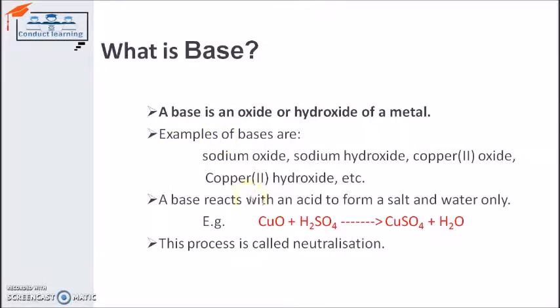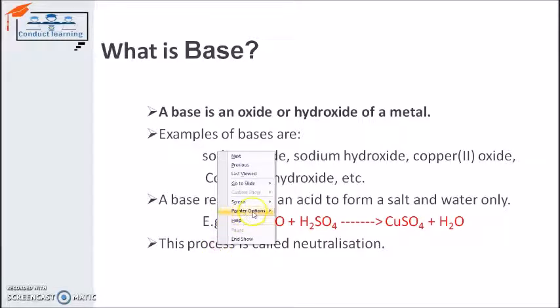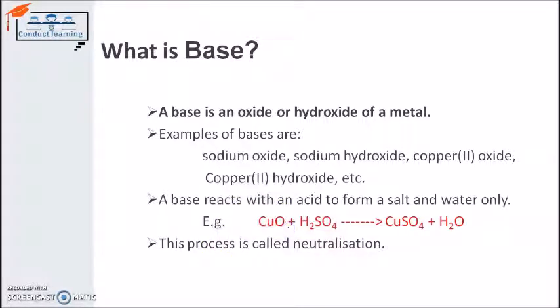For example, here in this particular equation, you can see copper oxide is reacting with sulfuric acid. CuO is nothing but copper oxide, where Cu represents the metal copper and oxygen is the oxidation of copper, because the copper metal gets oxidized with the oxygen present in air.